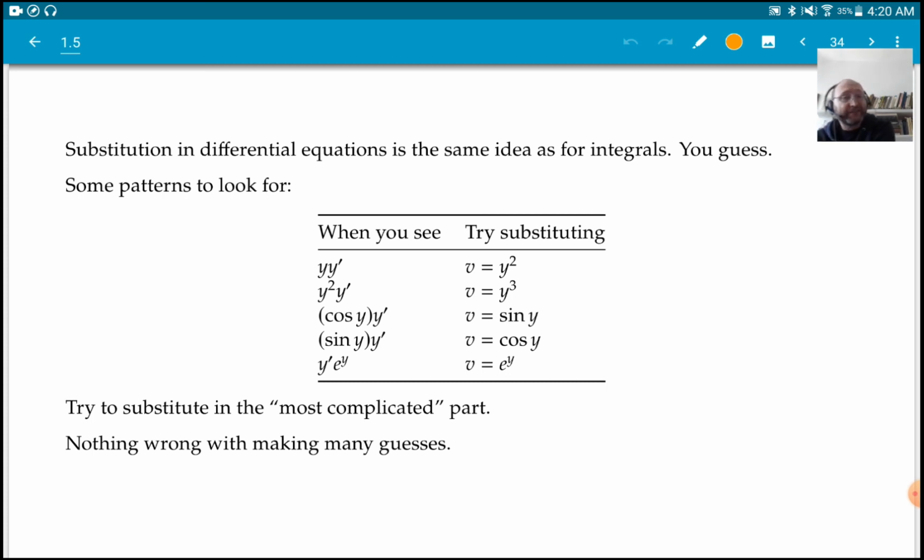The substitution might work, but it doesn't make for a simpler equation. That will happen, just like it happens for integrals. Just because you can make a certain substitution and get a different integral doesn't mean that integral is easier to solve.